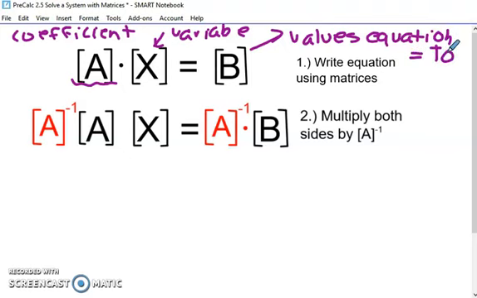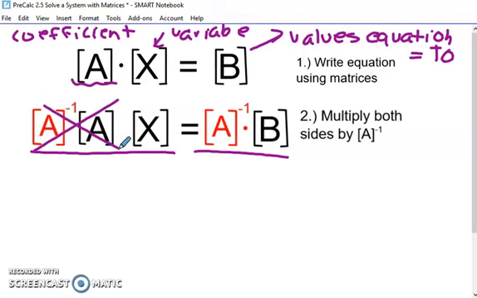I'll show you an example in just a minute. But to solve it, once the matrix equation is set up, we multiply both sides by the inverse, because whatever you do to the left, you have to do to the right. Just like 1/5 times 5 canceled out the coefficient on the left side, the inverse of A times A cancels that left side out.